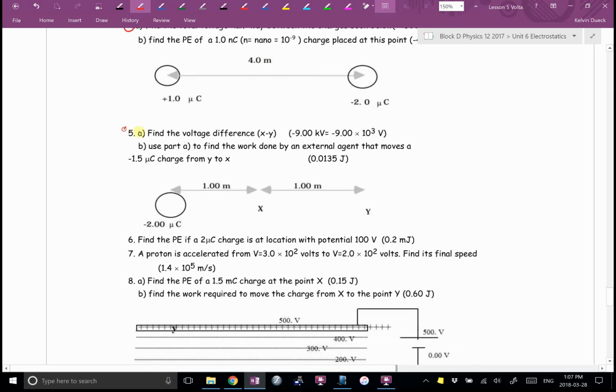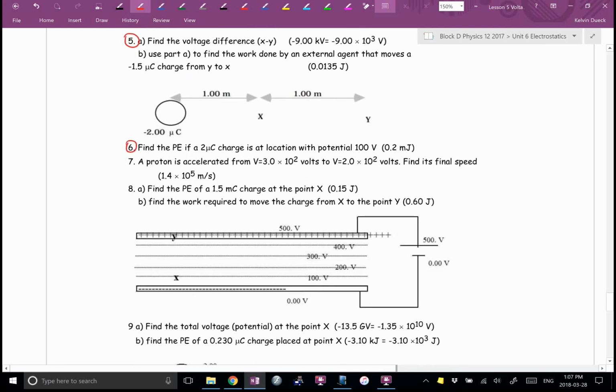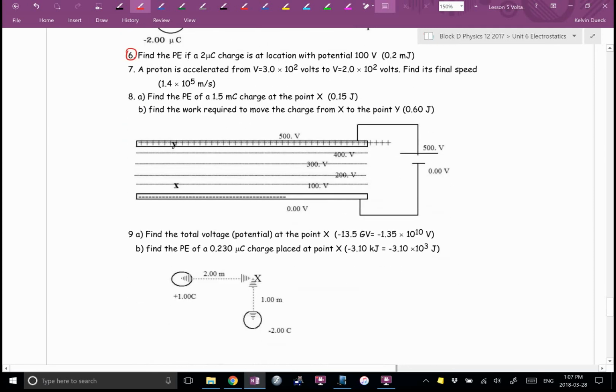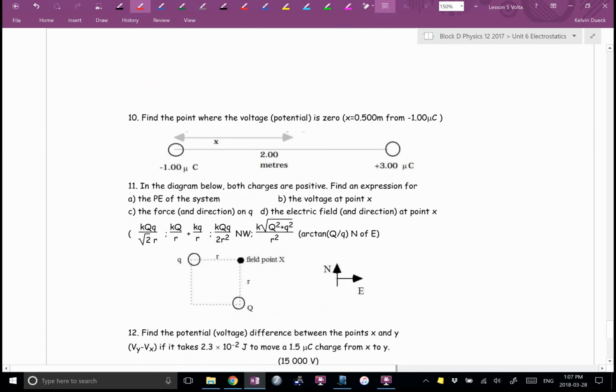5 is good. So far I haven't skipped anything, I know. 6 is good. 7 is going to be another lesson. I should have moved that to a different lesson. 8 is going to be another lesson. I should have moved that to a different lesson. 9 is good. Skip 10.